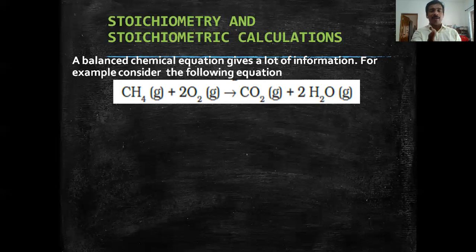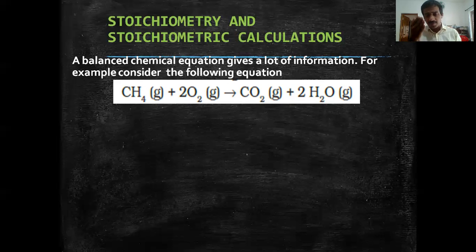Or we can say CH4, 12 plus 4, 16 grams of methane reacts with oxygen, molecular mass 32 into 2, 64 grams of oxygen, to give carbon dioxide. What is the mass? 44 grams of carbon dioxide and 18 into 2, 36 grams of H2O. Isn't it?